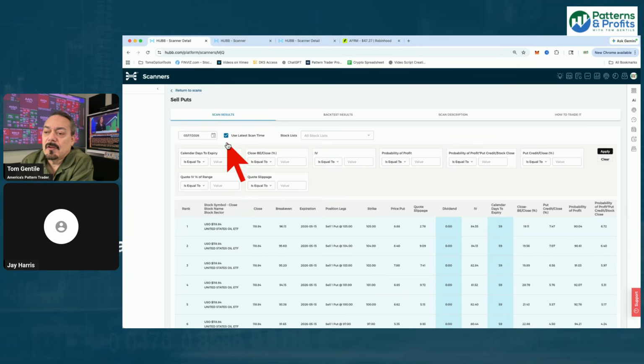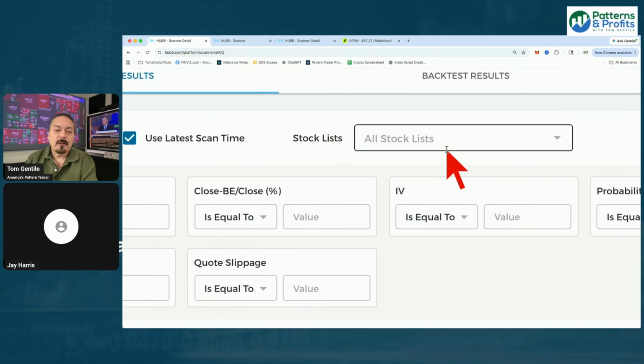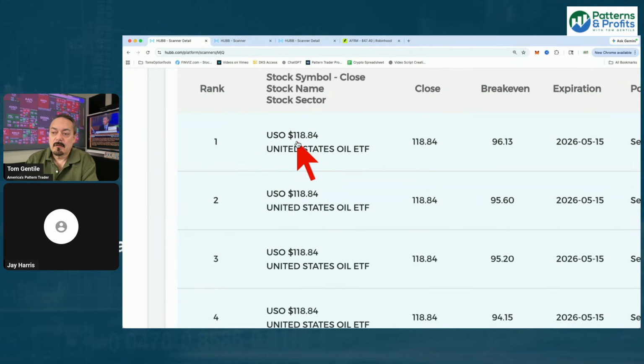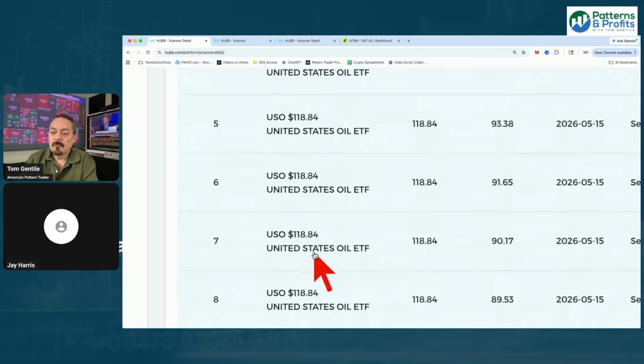Immediately, it's taking the latest data that we have, and it's applying it to all optionable stocks. The reason I know this is because there are no stock lists, and it's searching them all. That's where you're getting the actual numbers that are coming up on the screen. I want you to pay attention to what we see on here: USO, USO, USO, USO, USO, 6, 7, 8.